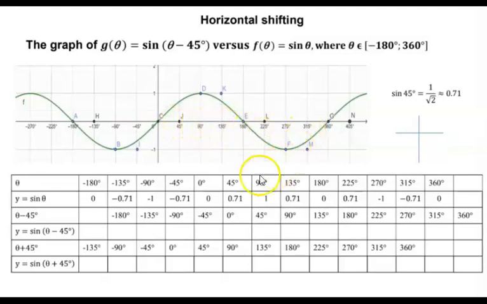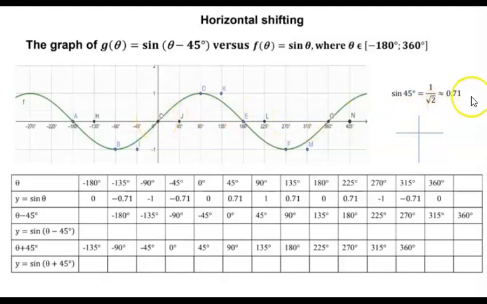I also included this table where I've put some regular values, like for instance minus 180, minus 90, 0, etc. And we know from the special isosceles triangle that sine of 45 degrees is 1 over square root of 2, which gives you approximately 0.71.